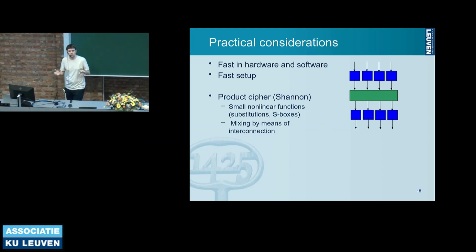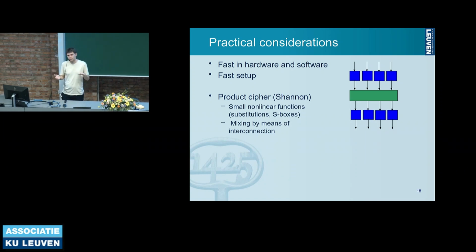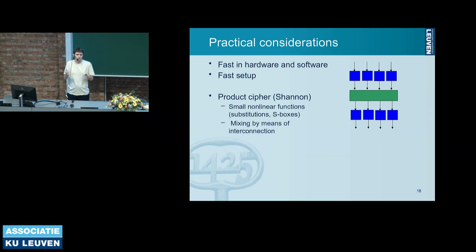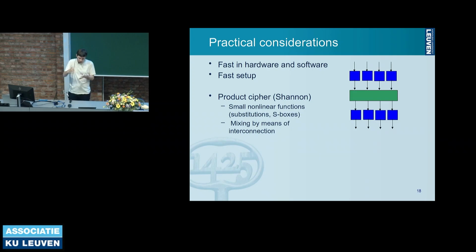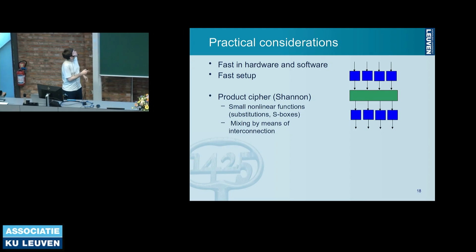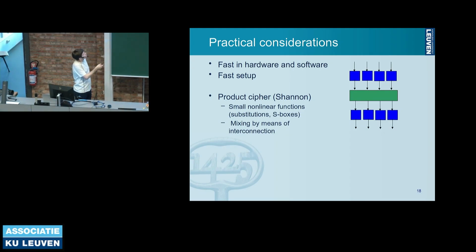So what you do is you do different operations on it, and you alternate these operations, operations that do not commute with each other. His proposal was that you first do some simple operation, which is typically called an S-box, but that doesn't really matter.